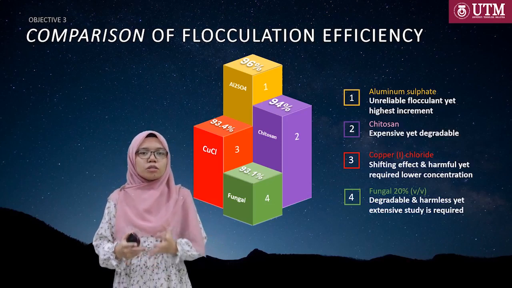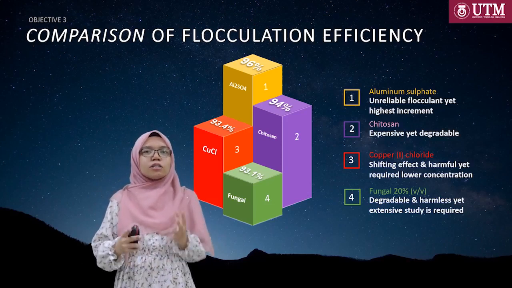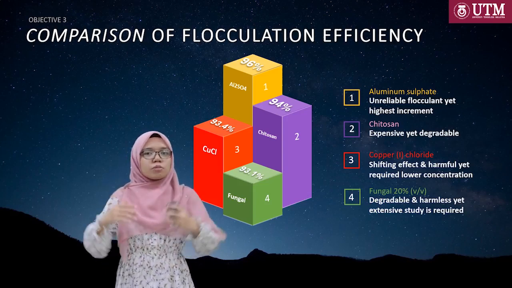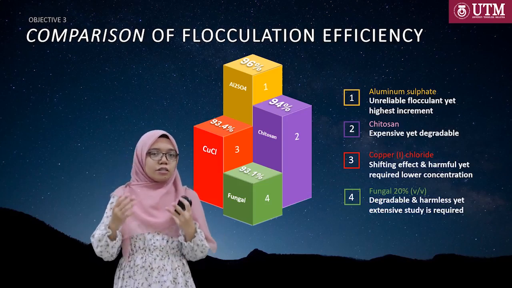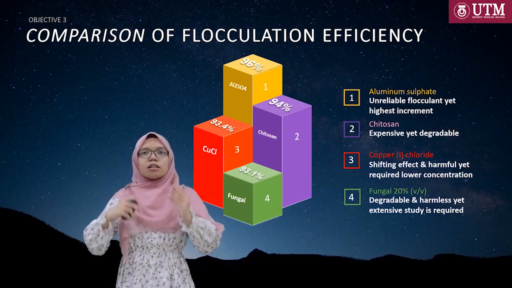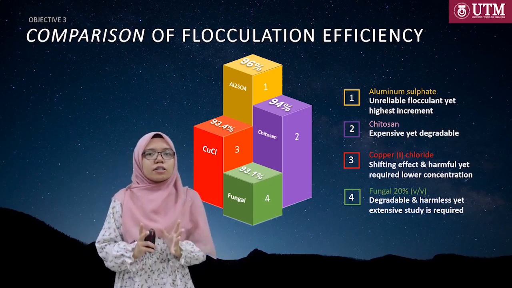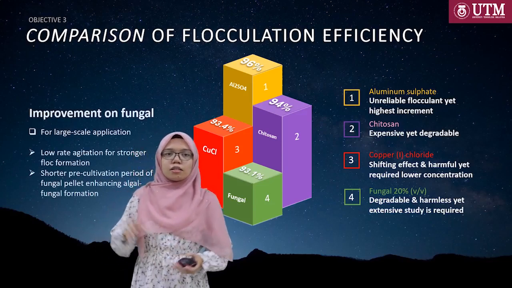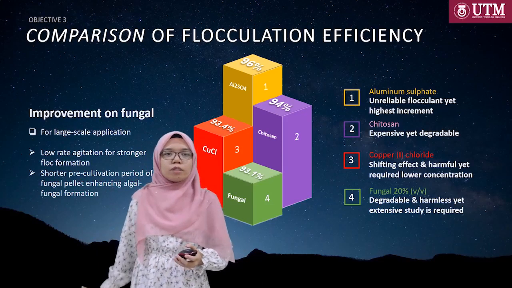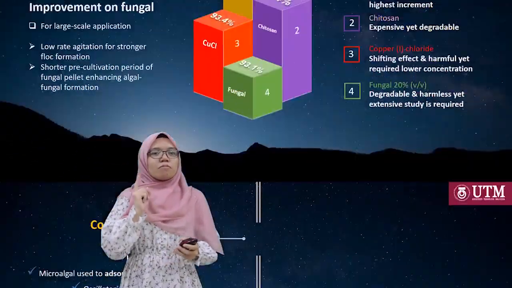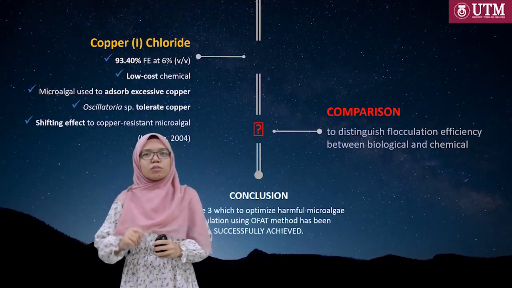Lastly, fungal flocculant at 20% concentration, achieving 93.1% flocculation efficiency similar to CuCl and degradable properties similar to chitosan, but it requires extensive study. So in my opinion, these are some improvements that could be done on fungal flocculation. Therefore, Objective 3 has been successfully achieved.